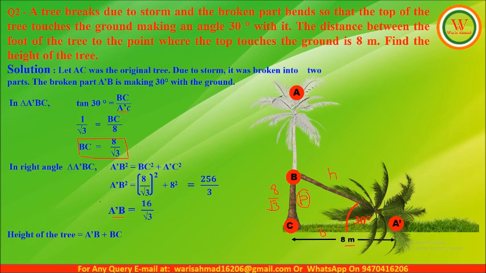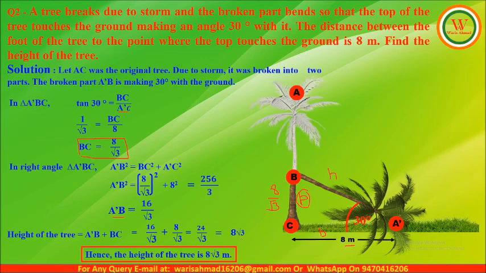The value of A dash B is 16 upon root 3, while the value of BC is 8 upon root 3. After adding these two, we will have 24 upon root 3. After rationalizing the denominator, we will have 8 root 3. So the final solution of this question is the height of the tree is 8 root 3 meter.